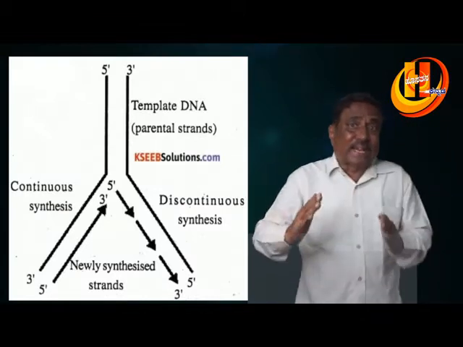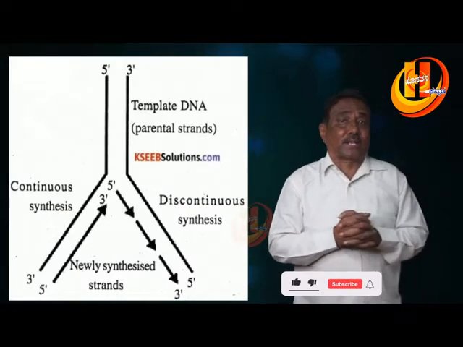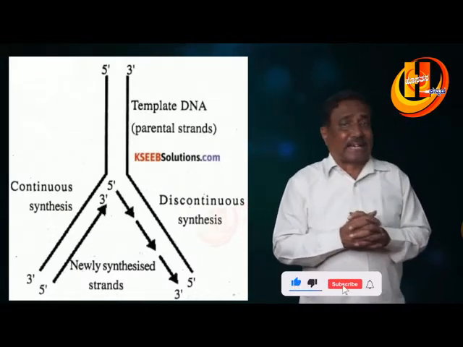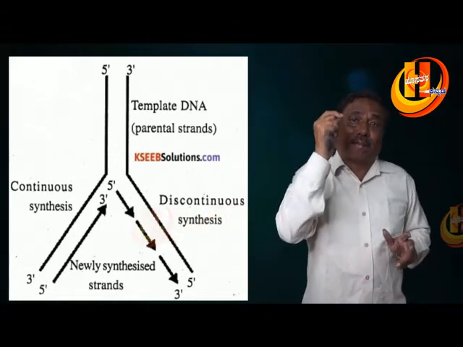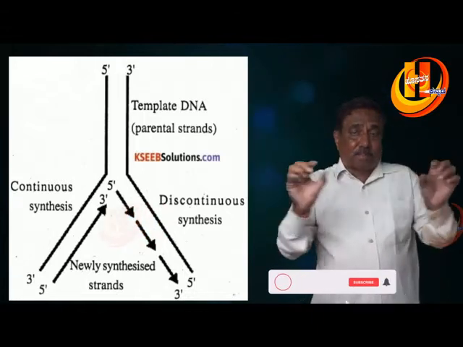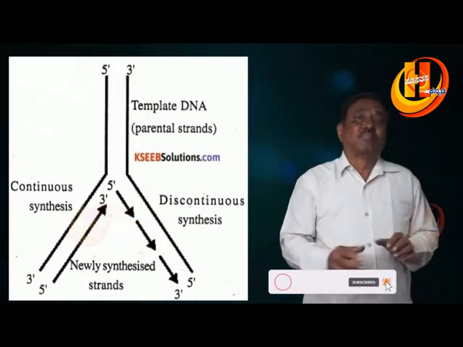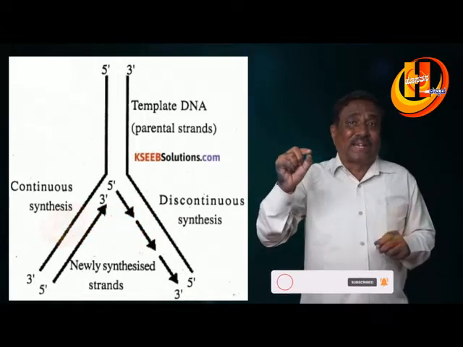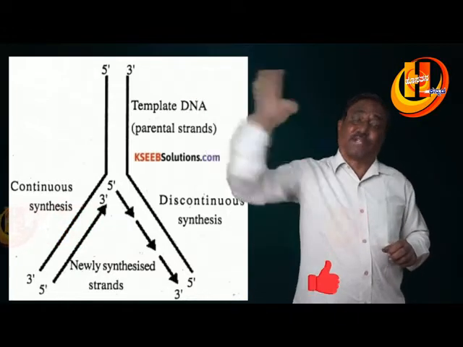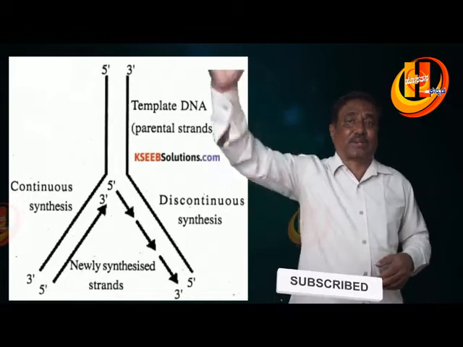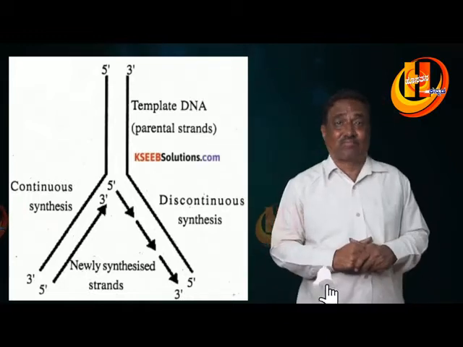So the fourth method of replication of DNA given in the textbook is this: the region of ori, that is the origin of replication, begins at one end, and towards one end a continuous strand is given off from 5' end to 3' end. This is also very important, from 5' end to 3' end, called the leading strand.